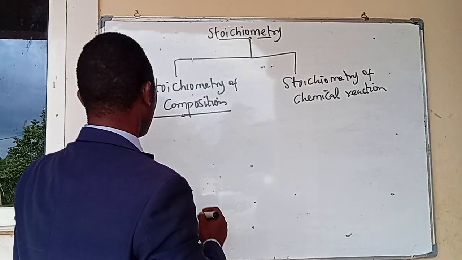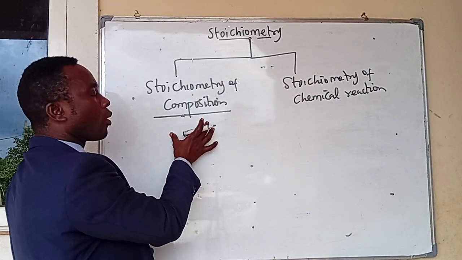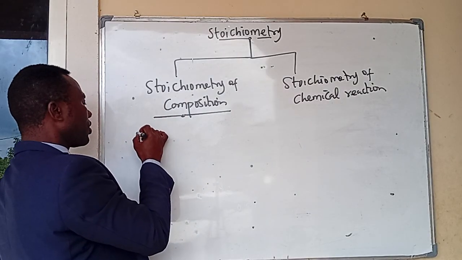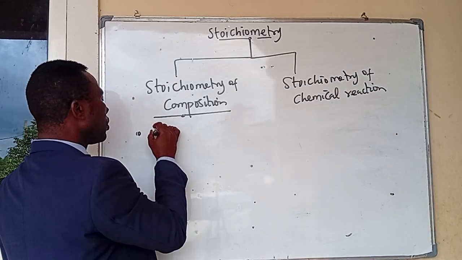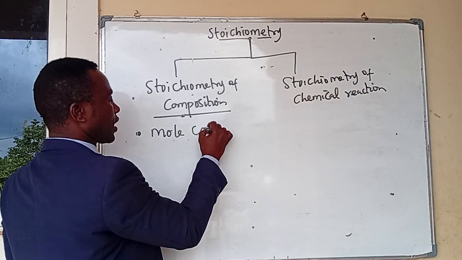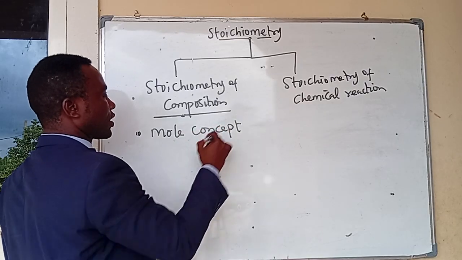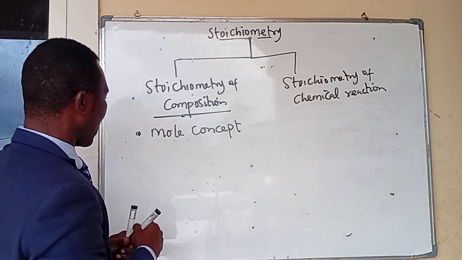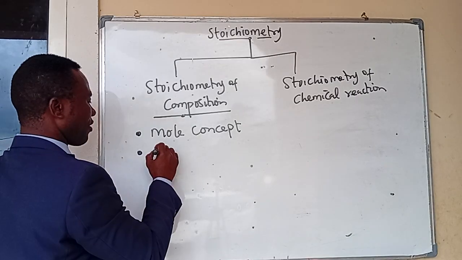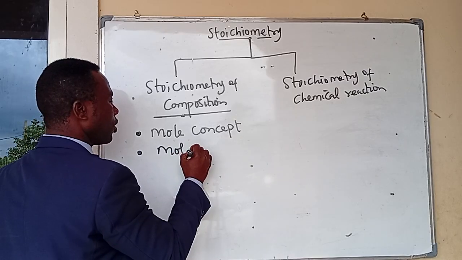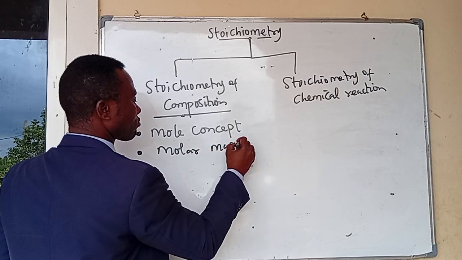All right. Now, under stoichiometry of composition, we have the mole concept. The mole concept is under the stoichiometry of composition. We have calculations involving molar mass.